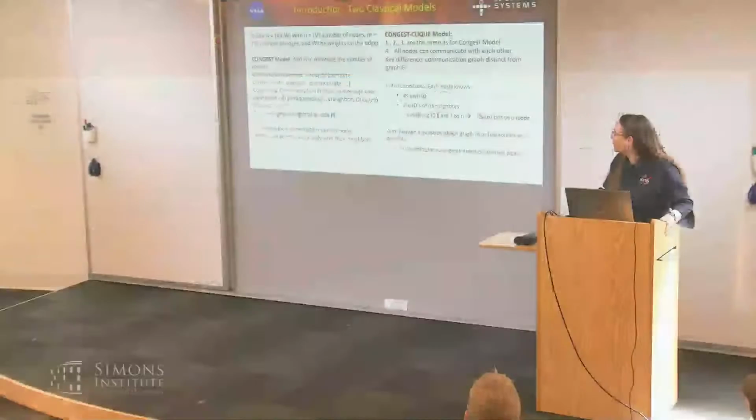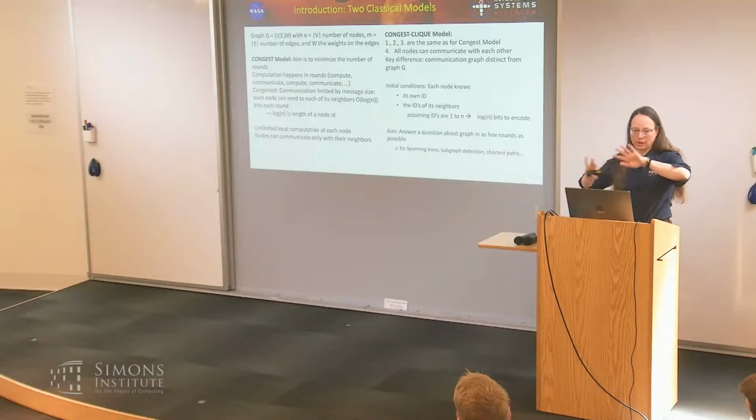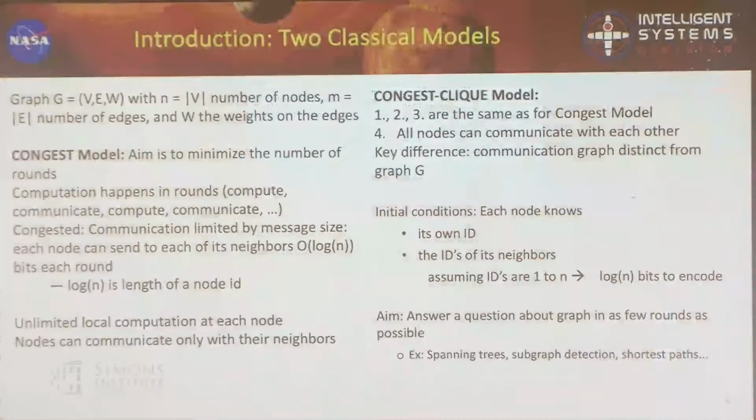So in the CONGEST-CLIQUE model, we're going to separate the graph that we're going to be trying to learn something about from the communication graph. All of the nodes can communicate with each other, but they all have information about a different graph. It may be a graph you're trying to understand where the communication between nodes is faster, but not everybody's connected.